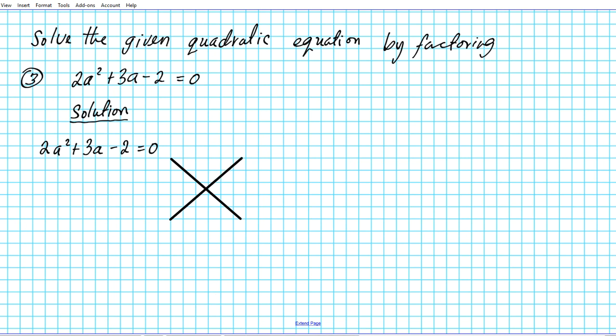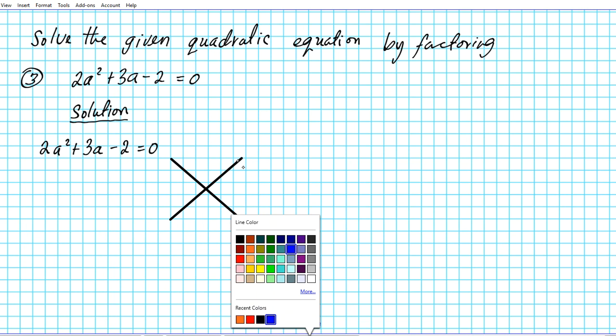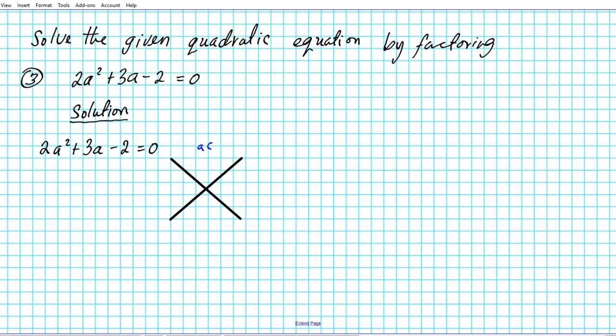To accomplish this, we need AC on the top position and B on the bottom position. In order to determine what A, B, and C are, we need to make sure that the quadratic is in standard form. Basically, we need to ensure that the terms are in descending order of degree, as we have here, and the equation is set equal to 0.